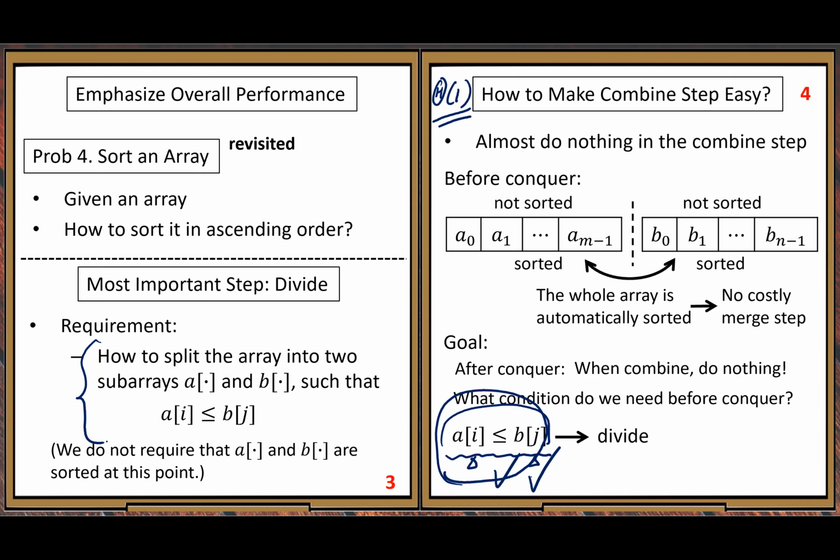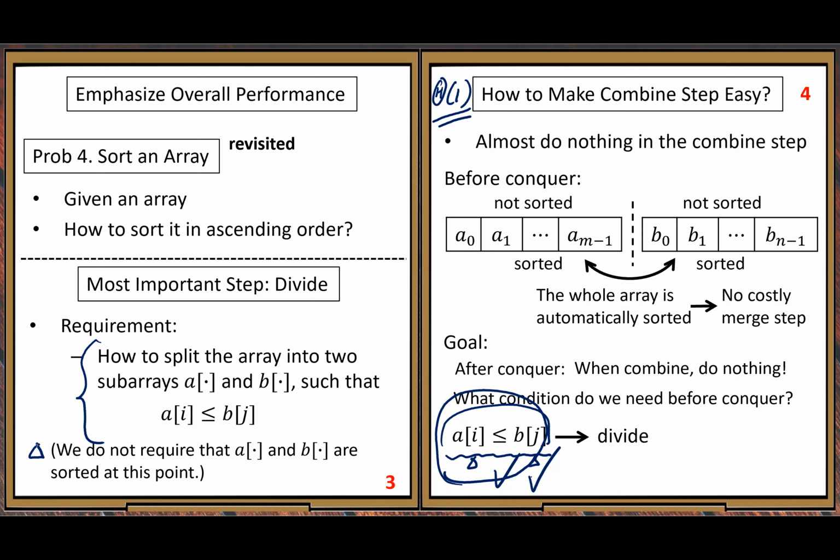Here I put this remark. In each individual subarray, we do not require the individual subarray to be sorted, because that's not necessary. A subarray is not necessarily sorted. B subarray is not necessarily sorted before the conquer step.